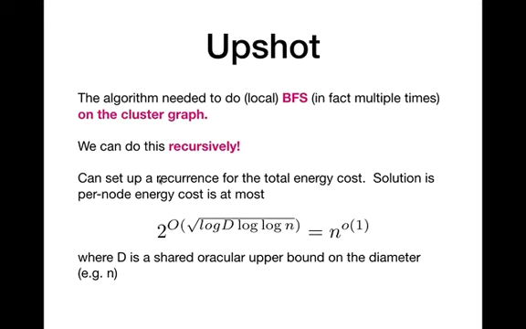So how do we analyze this? Well, we can set up a recurrence for the total energy cost. And it turns out that the solution is that the per node energy cost is at most this horrible thing, where D is some shared oracular upper bound on the diameter, for instance, n. Okay, so let's stare at this horrible thing.